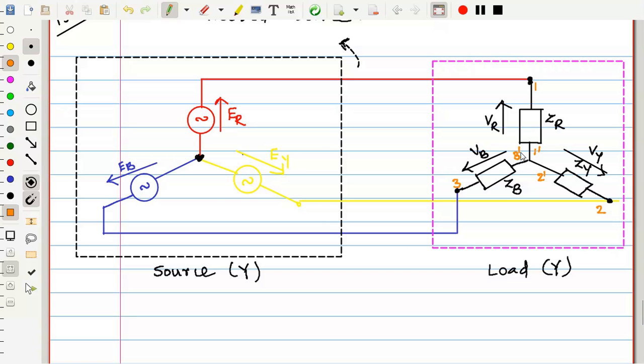How we connected these three individual single phase loads is in star fashion.